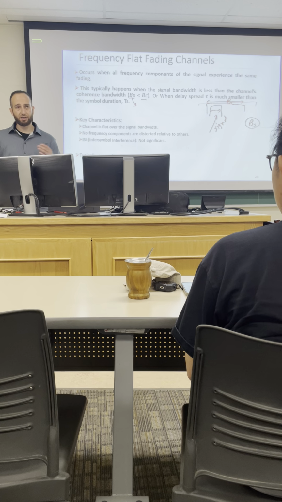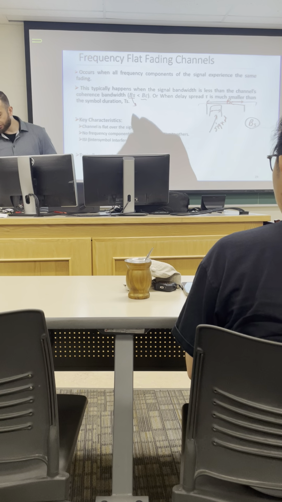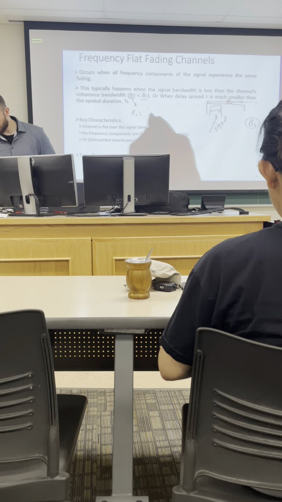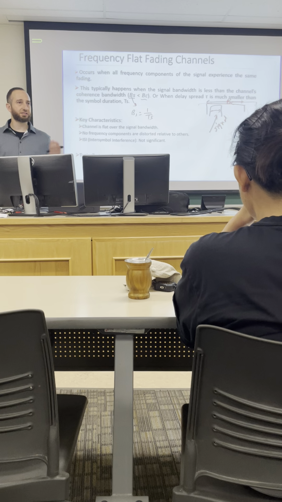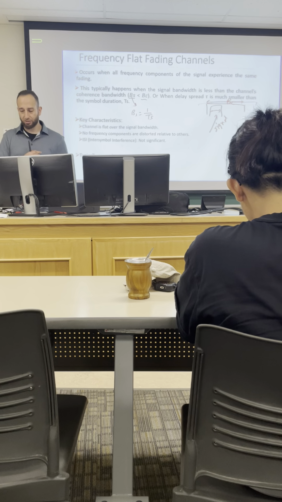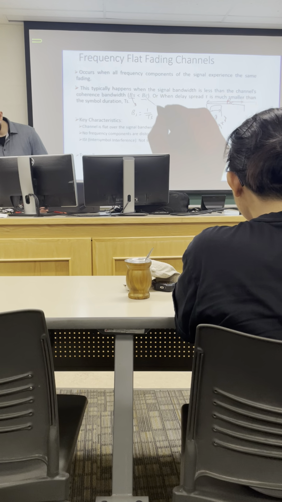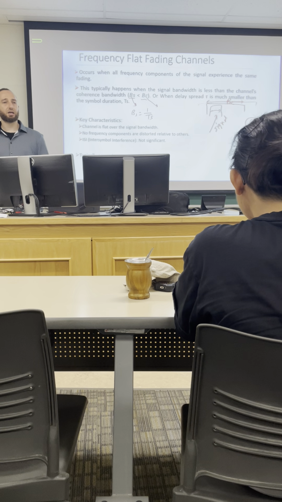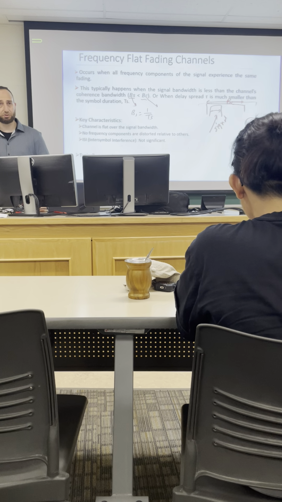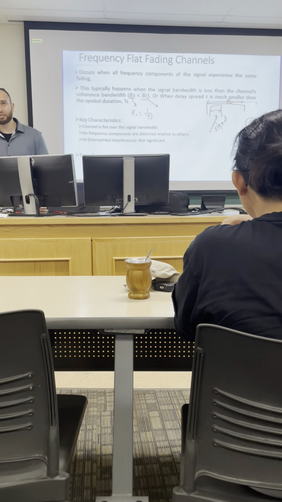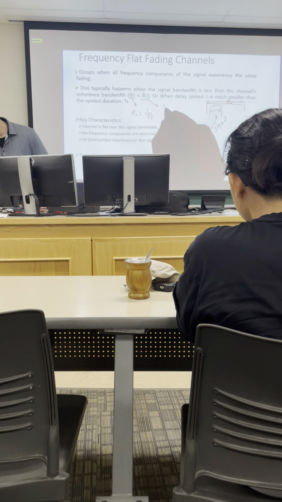This is the main definition, but you can also replace BS, because I have a direct relation between BS and TS: BS equals 1 over TS, the symbol duration. And I also have a direct relation between BC, the coherence bandwidth, and the delay spread, or root mean square delay spread: BC is 1 over tau.